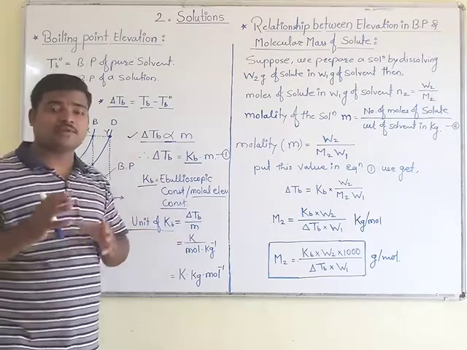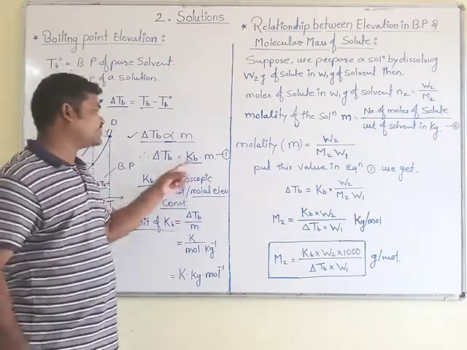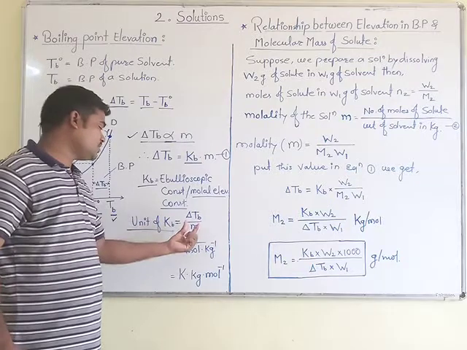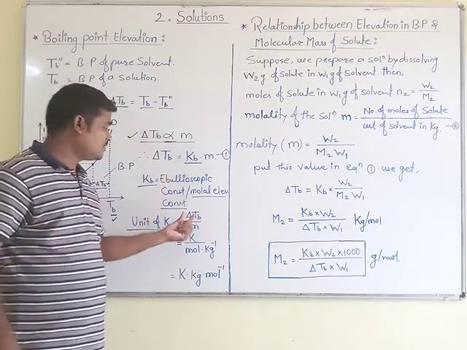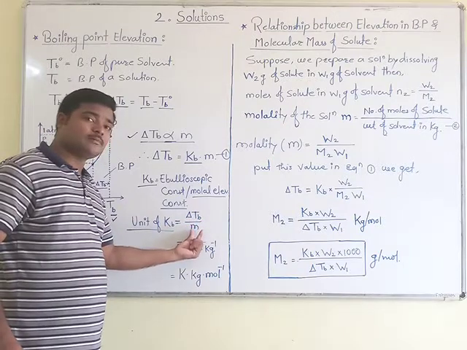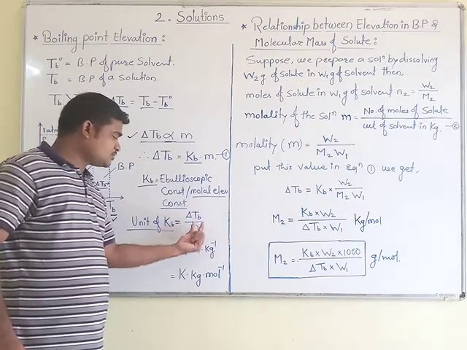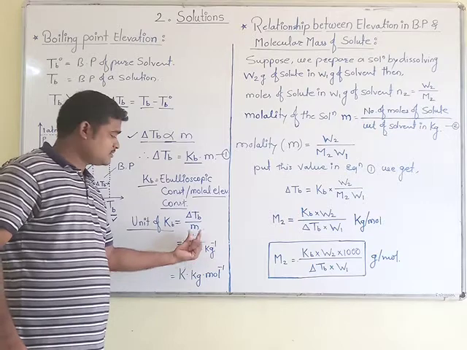For finding the unit of Kb, what we have to do is rearrange these terms. The unit of Kb we can find out by rearranging the above equation 1. So you will get delta Tb upon m. Now you just substitute its units here.